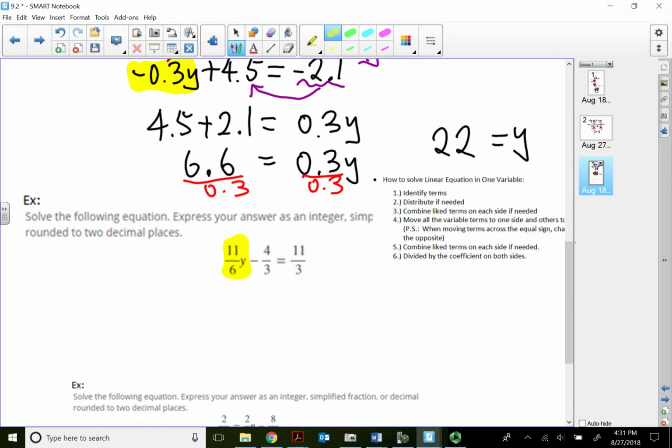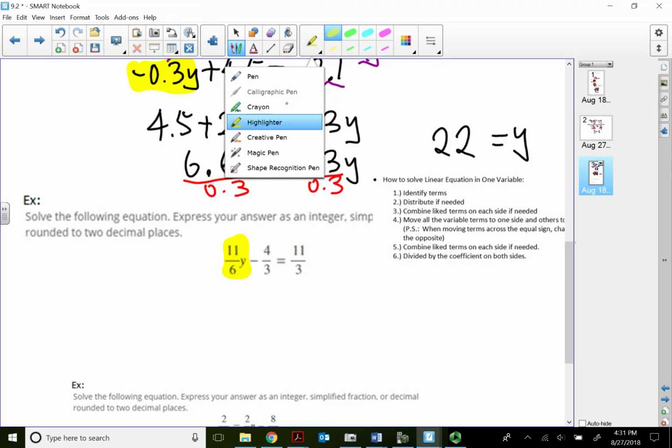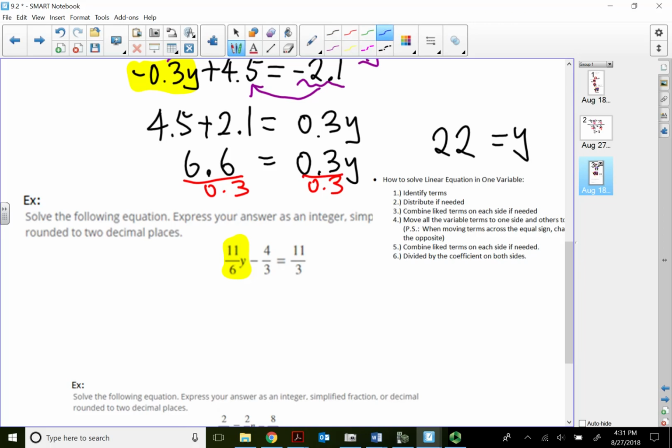This is the only one I've got, and it's positive. So let it stay. That means we're going to move negative 4 over 3 to the right side of the equal sign. So the left side still has 11 over 6y. Right side, 11 over 3. Negative 4/3 comes over, becomes positive.